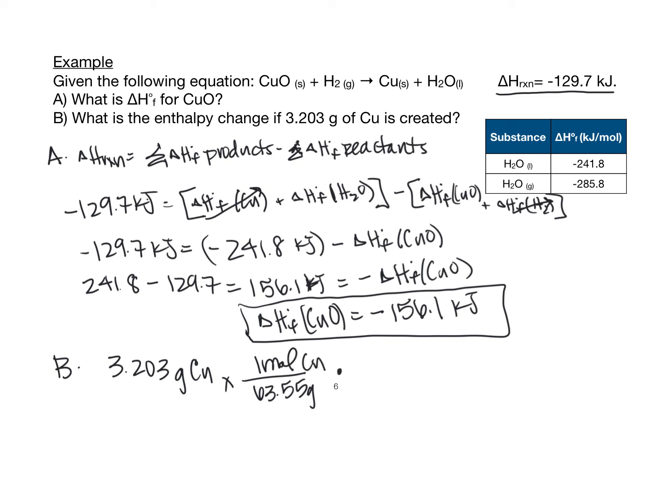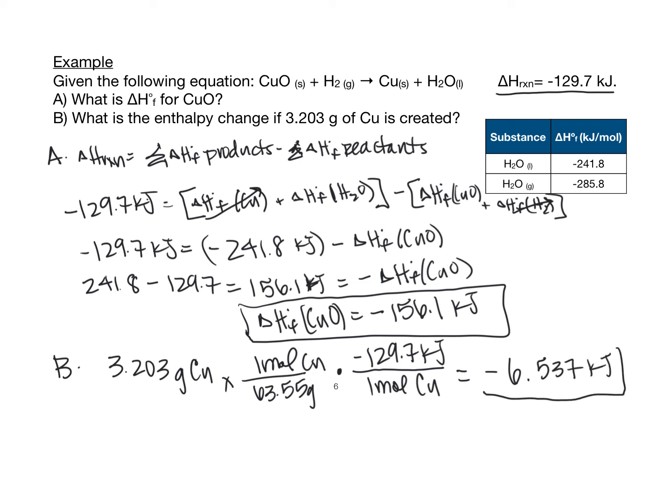Then I'm going to multiply that by the delta H reaction, which is negative 129.7 kilojoules in 1 mole of copper. Now, if the balanced equation had something else, we would need to account for that. So in this case, it's going to be negative 6.537 kilojoules.